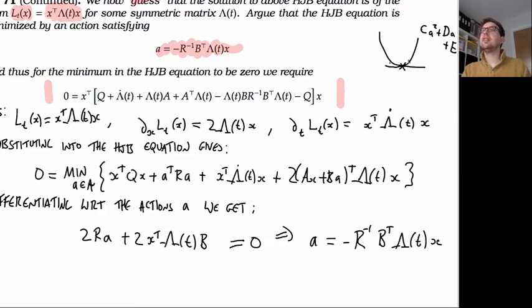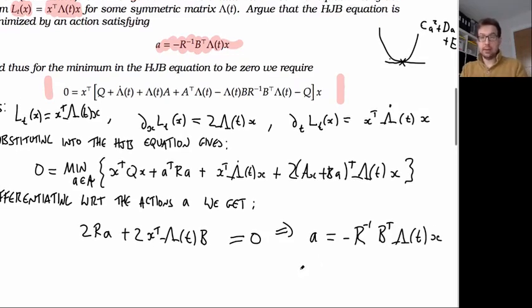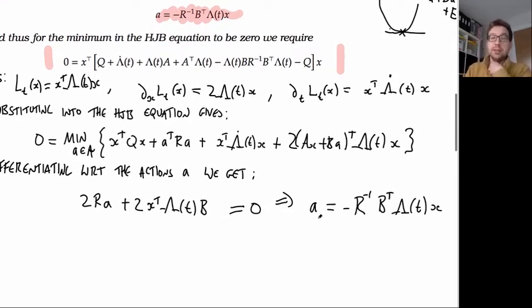That's enough to say that the derivative is 0, and this is the condition for being the minimizer of this function, but we need the minimum to be equal to 0. So we need to substitute this back in and then add the condition. This is going to need to be 0. Substituting this back into this expression, we're going to need this with the A substituted in from here to be equal to 0.